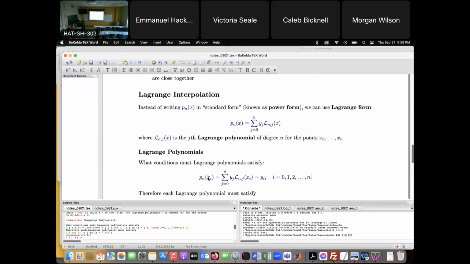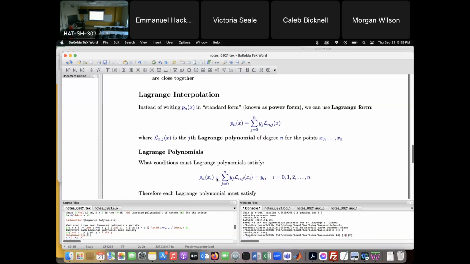That if I plug in one of the x values, so x_i, that means I'm going to evaluate each Lagrange polynomial at x_i. And I need this summation to evaluate to y_i. That's how the interpolating polynomial is defined. I plug in x_i, I get the corresponding y_i.